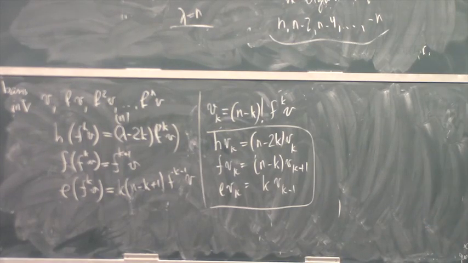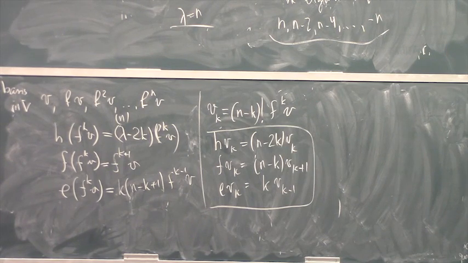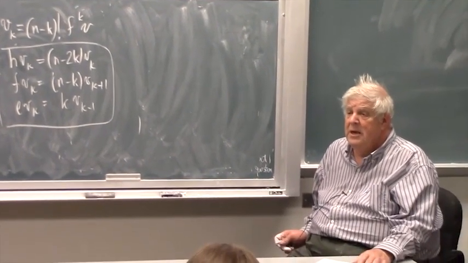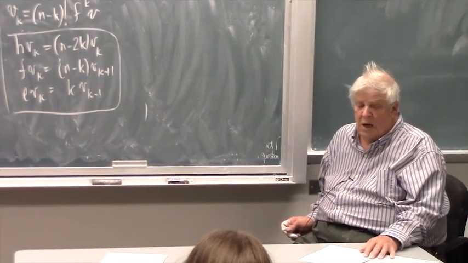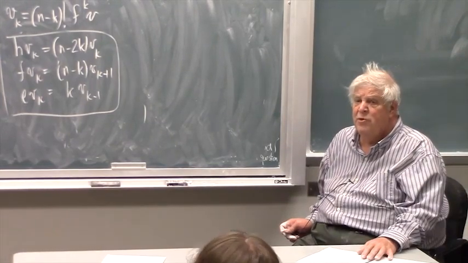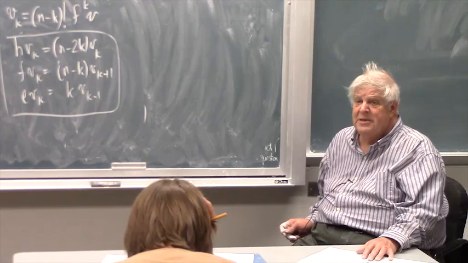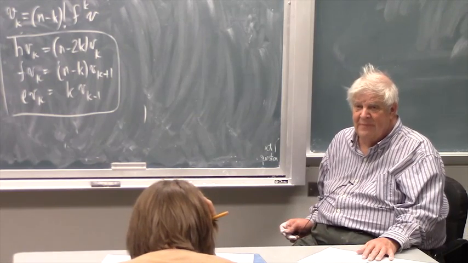Actually, many people like it. I don't see any advantage for us in the description, but I can repeat it simply to show that I respect those people, which I do. You can consider the following. You can take the space of all homogeneous polynomials in two variables, x and y, of degree n. This space, believe me, is n plus 1 dimensional.